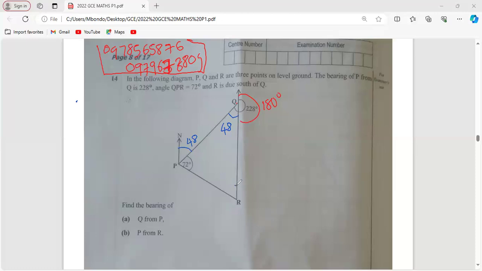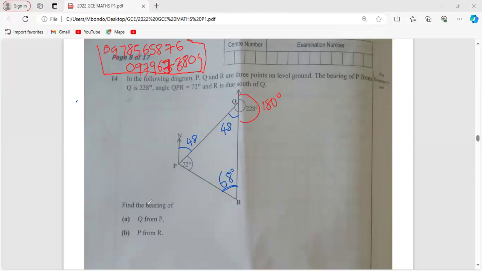I'm just finding all the angles even before I go to the questions. If you want to find this one, you could just subtract these two angles from 180: 180 minus 48 minus 72. Meaning this one here is going to be 60, because the three interior angles of a triangle add up to 180 degrees.